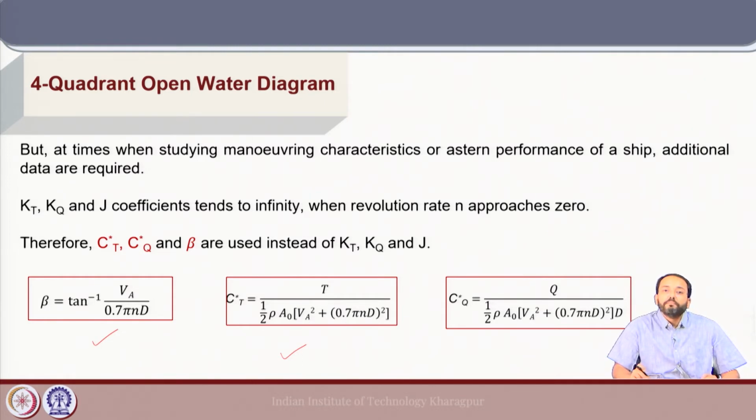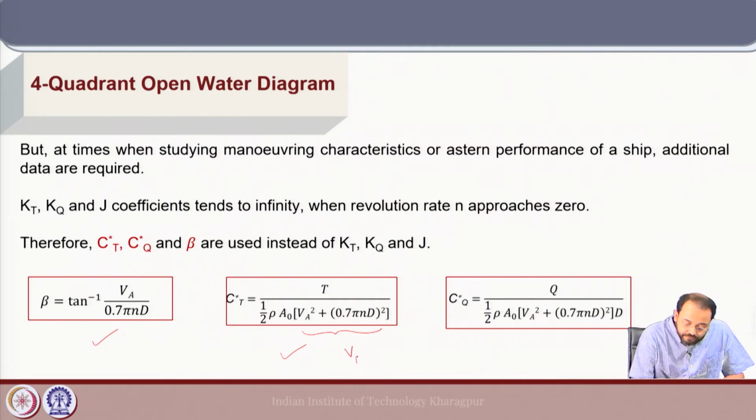So, Vr square becomes Va square plus (0.7 pi n d) square. This is the resultant velocity Vr square at r by R equal to 0.7.